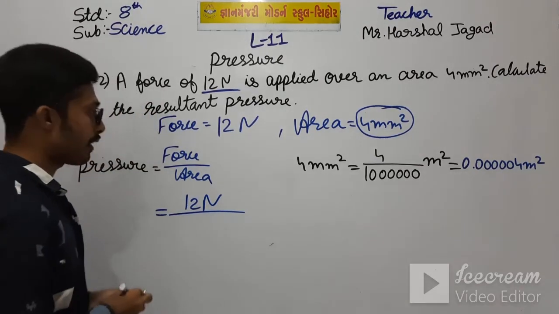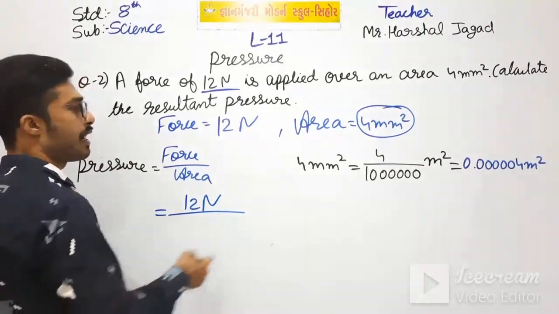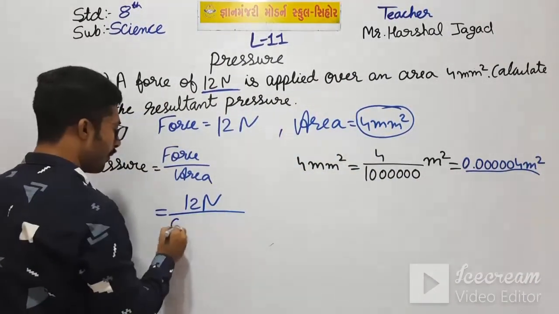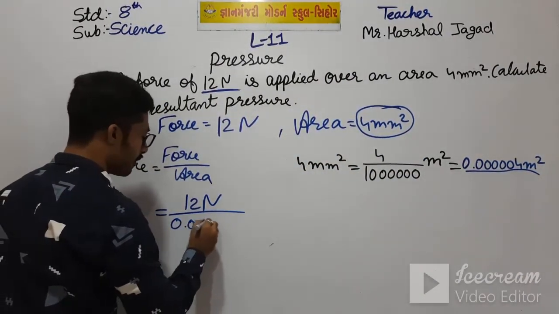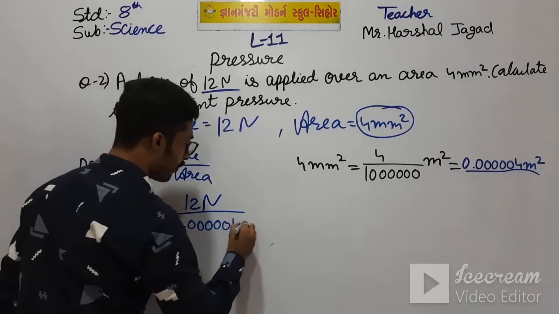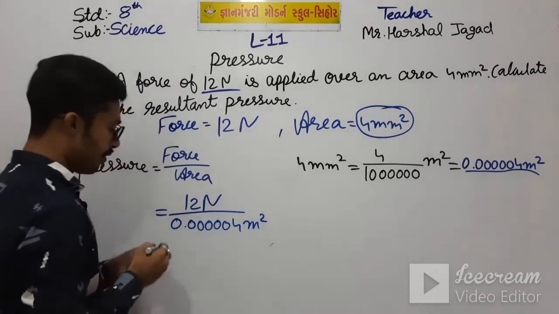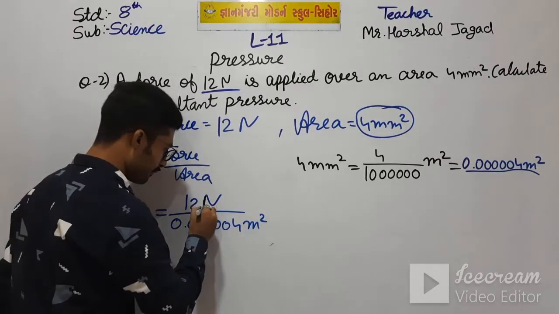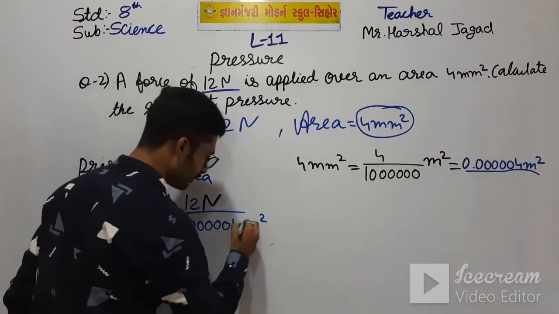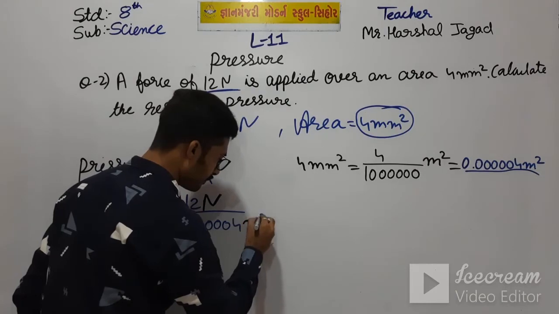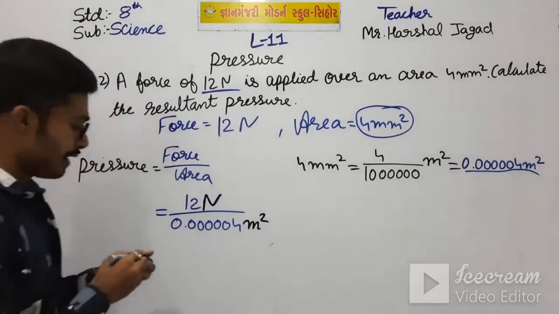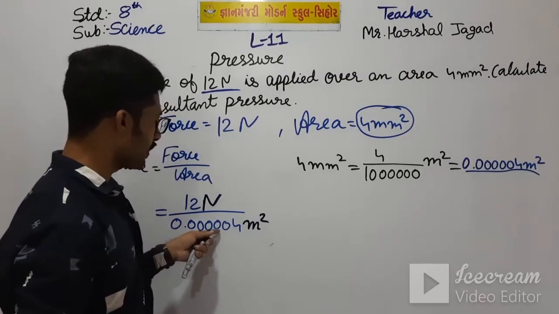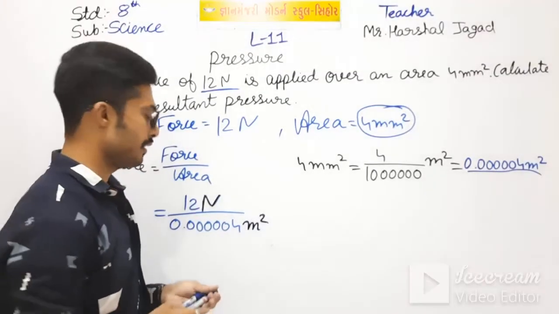And the value of area we have calculated here, that is 0.000004 meter square.